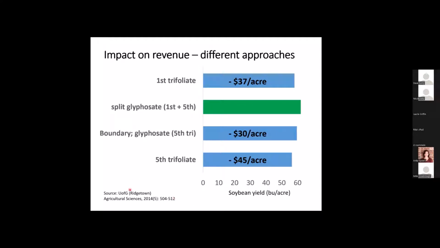Sikkim at Ridgetown campus, again, here's just a different set of trials, with a similar end result in that the split application of glyphosate, once at first trifoliate stage and once at fifth trifoliate stage, gave the best level of weed control, the highest yields, and the highest return on investment.